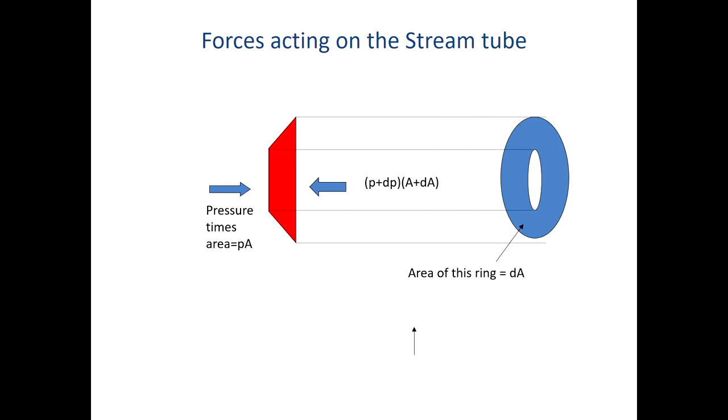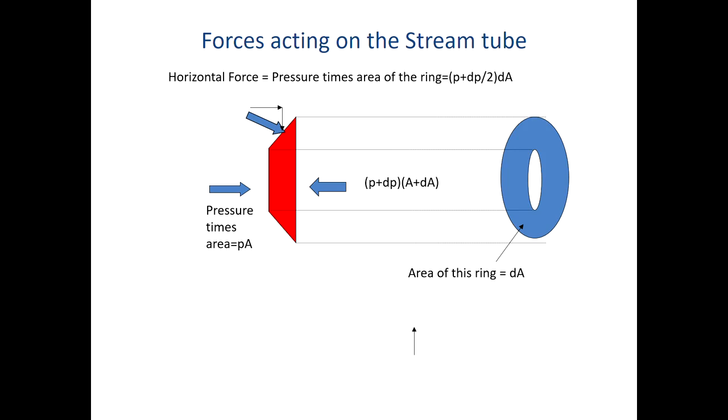So this is the area on which the forces are acting on the lateral boundary. By lateral boundary, we are talking about the slanted surface of this red control volume. So these forces have got a vertical component, which we don't care about, but we are interested in the horizontal component. So which pressure should I use? Should I use the P or P plus delta P? When in doubt, use the average value, P plus half of delta P, times the projected area, which is delta A. That's a horizontal force.